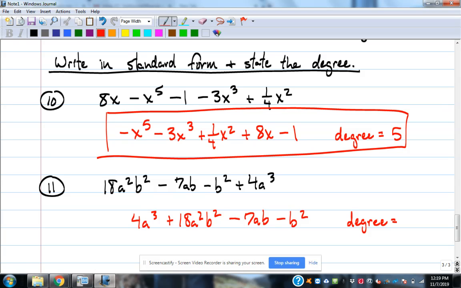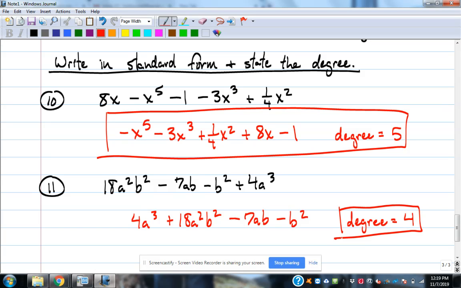What's the degree of this term? 2. 1 plus 1. Degree of this term? 2. The biggest of all of those degrees is 4, so that's the degree of the polynomial. Degree 4. Okay.